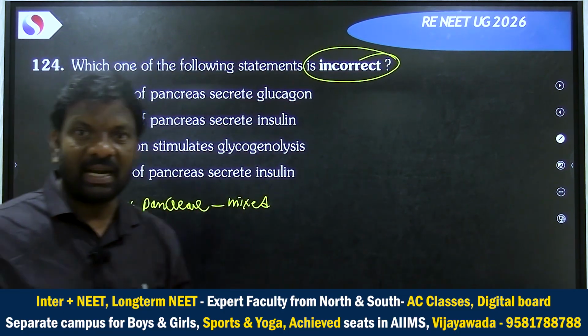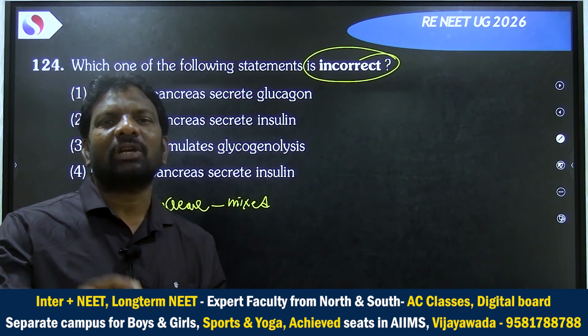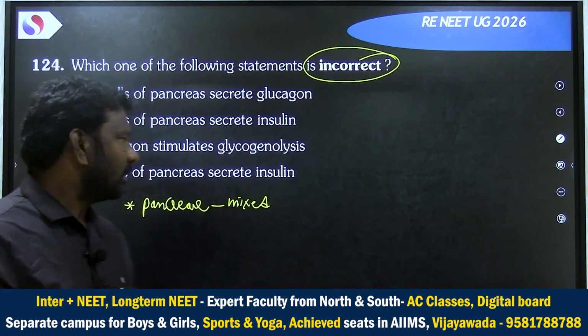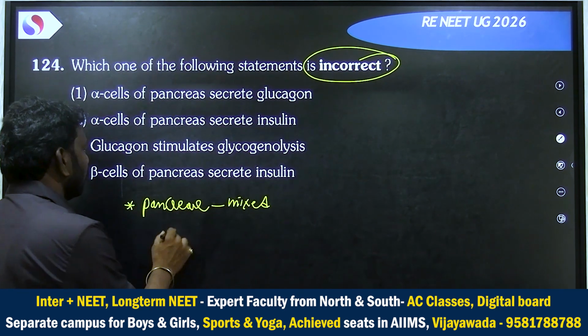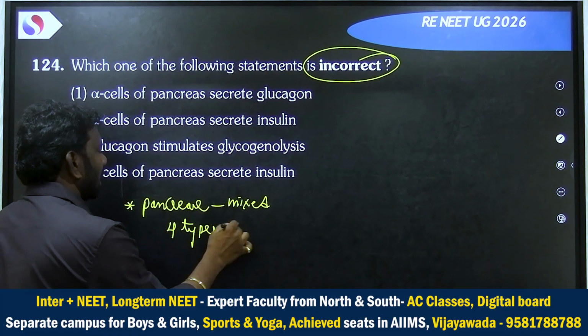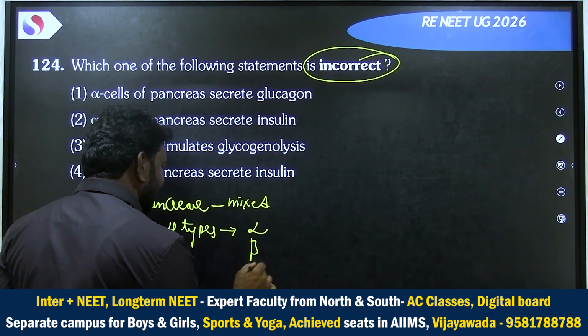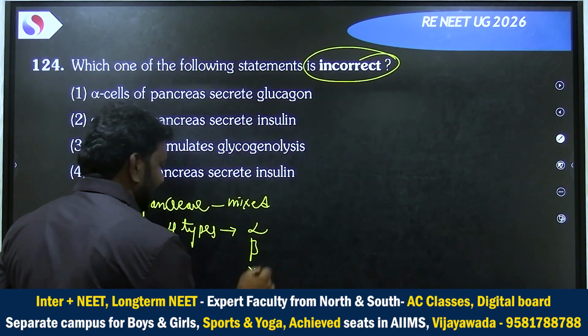Pancreas is a mixed gland, ductless gland, exoendocrine gland, heterocrine gland, sweet bread. It consists of four types of cells: alpha cells, beta cells, gamma cells, and finally delta cells.